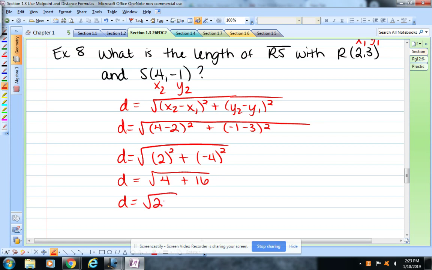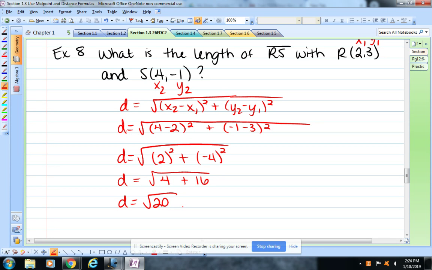Now, y'all, there's an actual answer for the square root of 20, and there's an approximated answer for the square root of 20. Okay? So in Algebra 1, we taught you to do something called simplifying radicals. I know Miss Hayes taught it, and I know Miss Bishop taught it, and I know I taught it, so there's no excuse. Okay? So, to simplify a square root, you think of the largest square number that goes into that number.